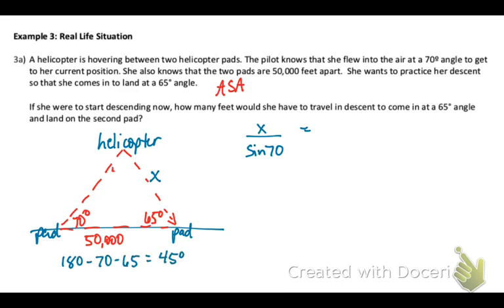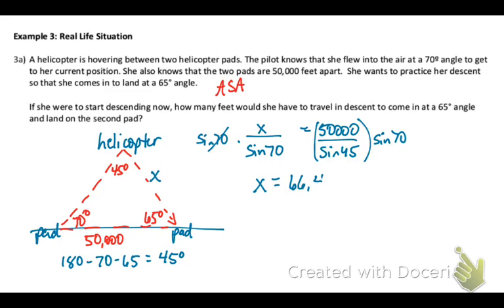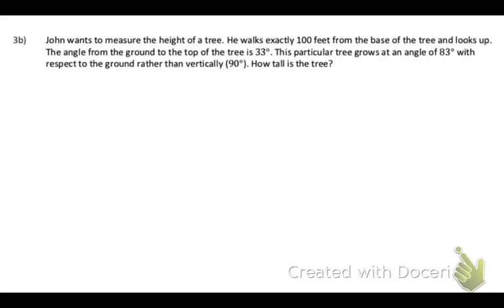So I subtract from 180, and then I can finish my proportion, 50,000 over the sine of 45. So now on the right side, I'm just going to divide and then multiply what I get by the sine of 70 degrees. And so she has to travel approximately 66,446 feet.